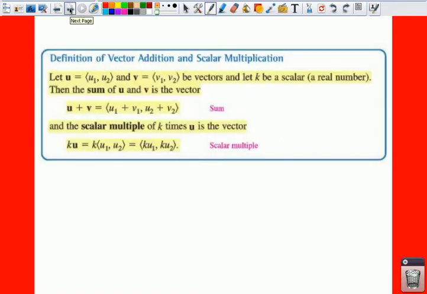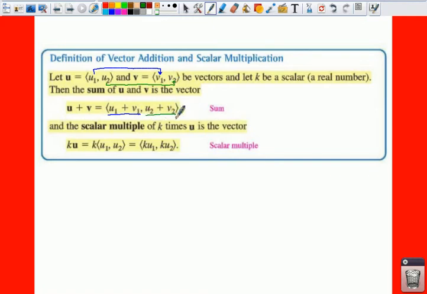Now, if we want to add two vectors together, then what we do is we just take the components of each of those vectors. So if you have a vector u sub 1 comma u sub 2, and vector v sub 1, v sub 2, what you can do is you can add those together by just adding your u sub 1 and your v sub 1. It's going to give you your answer here. And then you could add your u sub 2 and your v sub 2.